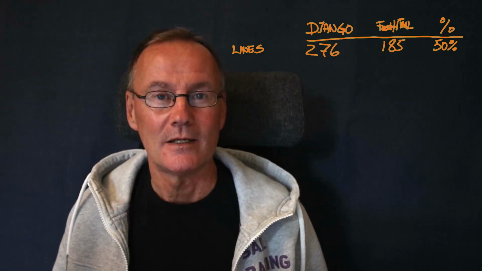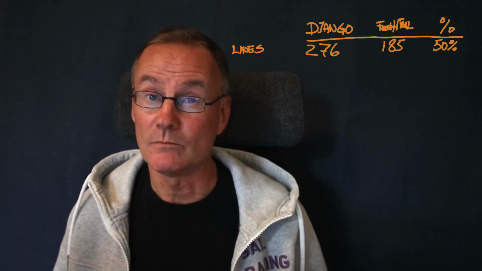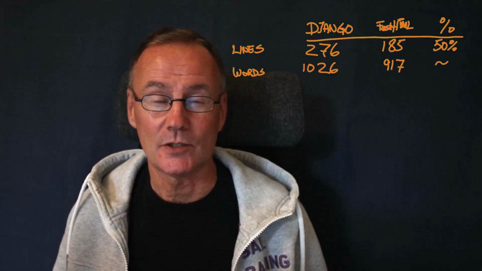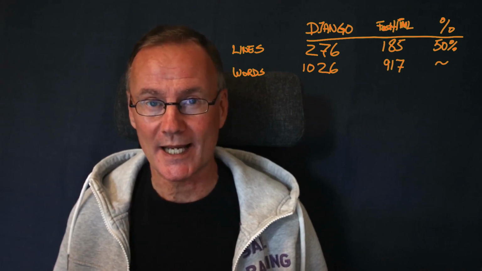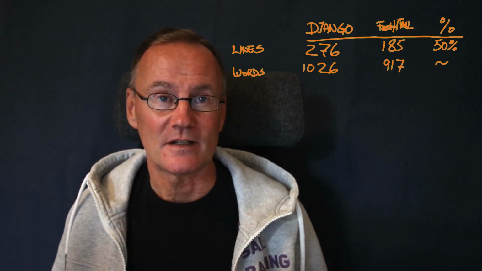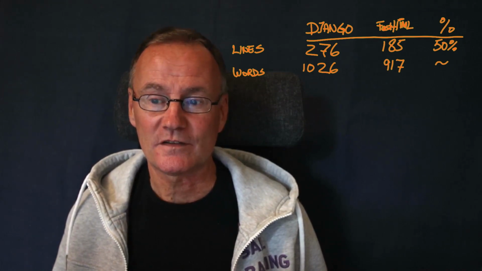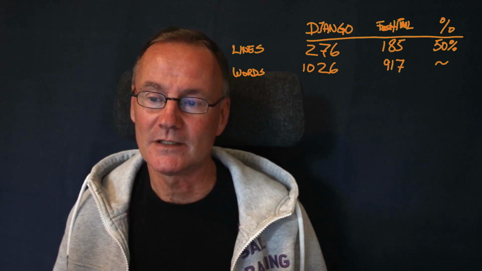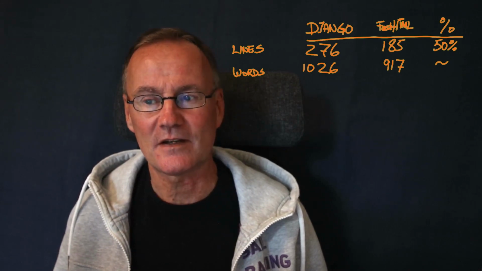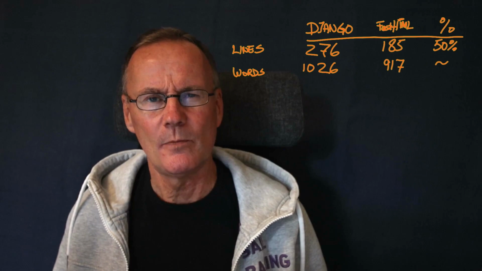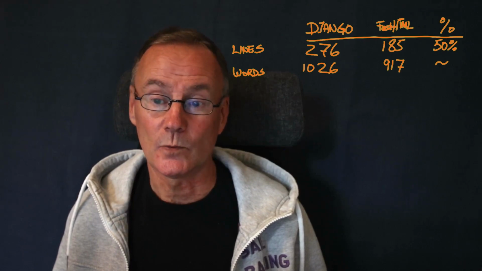That is, Django needs 50% more lines. If we do a word count, Django needs 1026 and Fast needs 917, so about a draw in words.